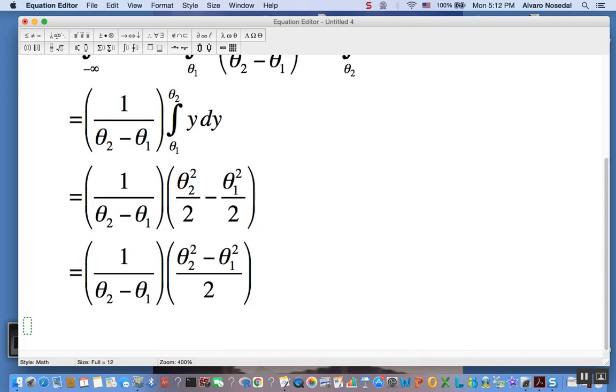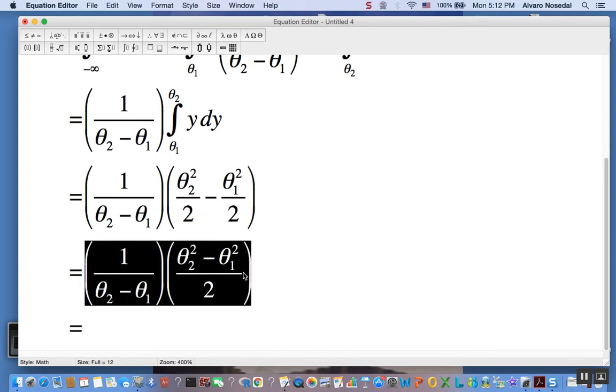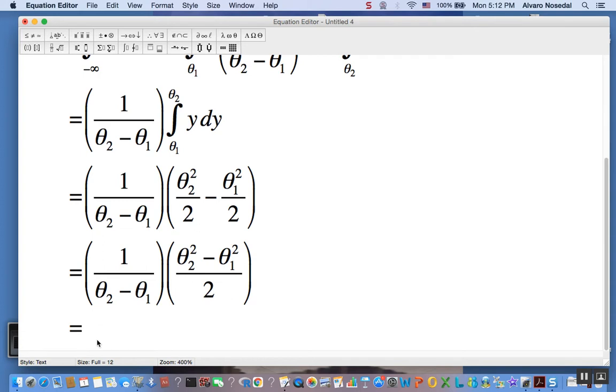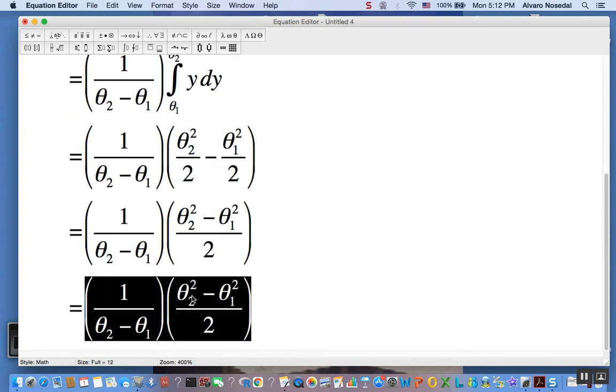Now, note that theta 2 square minus theta 1 square is the same as theta 2 minus theta 1 times theta 2 plus theta 1. So that's what I'm going to be doing here, and I'm going to be writing that down like this.